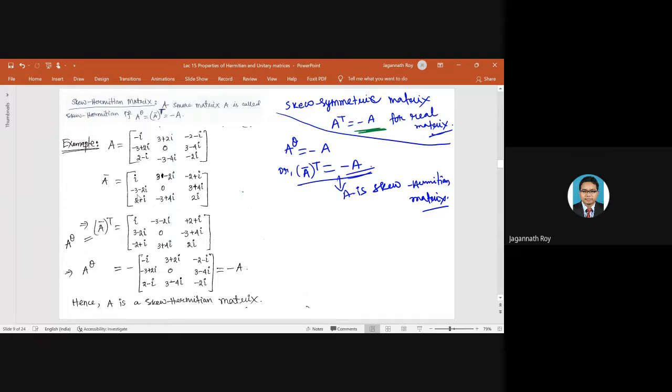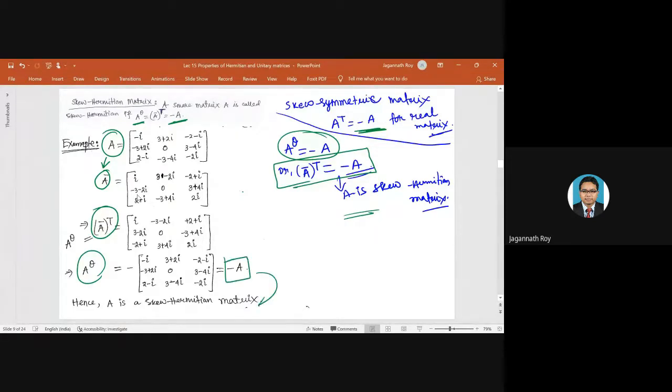Similarly, if A theta equals minus A, then we call it a skew Hermitian matrix. Now for a given matrix, what will we take? First we take the complex conjugate, then we take the transpose. So if A theta equals minus A, then we call it a skew Hermitian matrix.